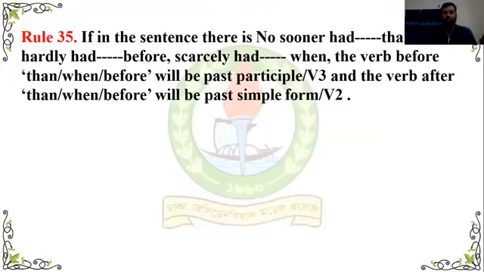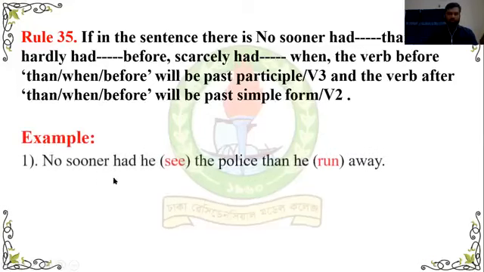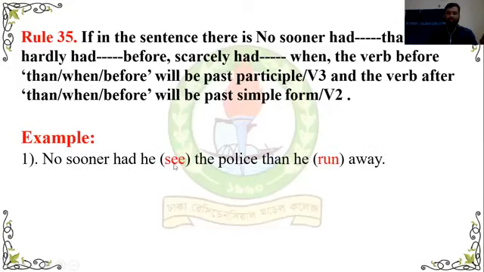If in the sentence there is no sooner had dot dot than, hardly had dot dot before, scarcely had dot dot when, the verb before than, when, and before will be past participle, or verb V3, and the verb after than, when, before will be past simple or past indefinite tense, or the second form of the verb. Let's see. No sooner had he seen the police than he ran away.